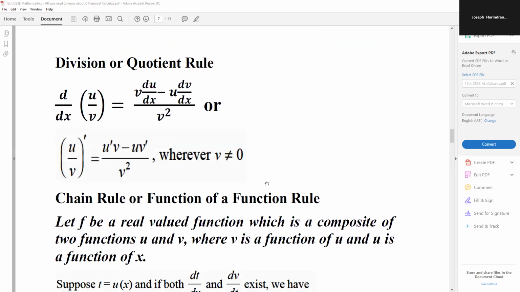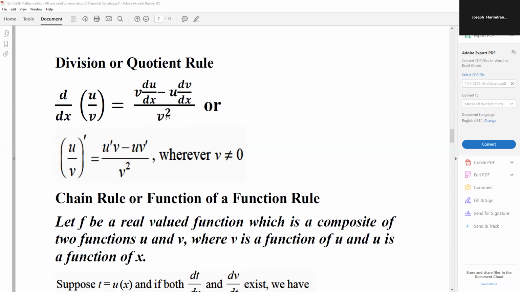Next, we have the division or quotient rule, which involves the quotient or the division of two functions of x. d by dx of u by v is equal to, now we know that this is the important rule, v squared comes in the denominator. The denominator of the function becomes v squared here.